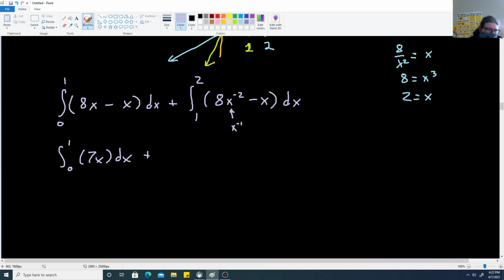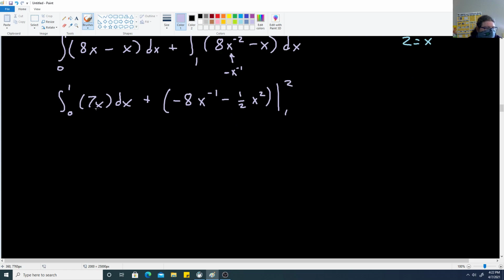And we don't want an extra negative created when the negative 1 drops down, so we're going to put a negative there. So when I integrate x to the negative 2, that goes to negative x to the negative 1, and there's an 8, so we get minus 8x to the negative 1. And x itself is going to go to minus 1/2 x squared, evaluated from 1 up to 2.